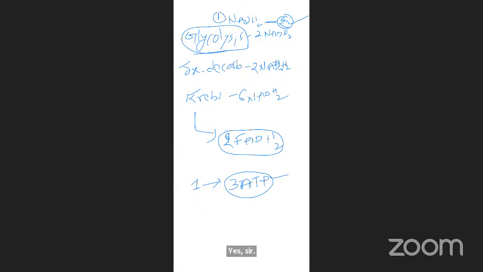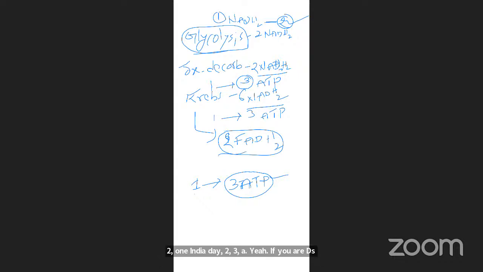For the NADH2 of oxidative decarboxylation and of the Krebs cycle, when oxidized, 3 ATPs are formed for each NADH2. For one FADH2, 2 ATP are formed.